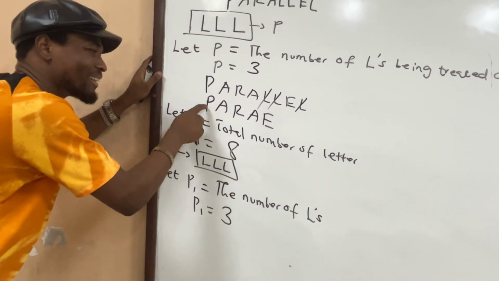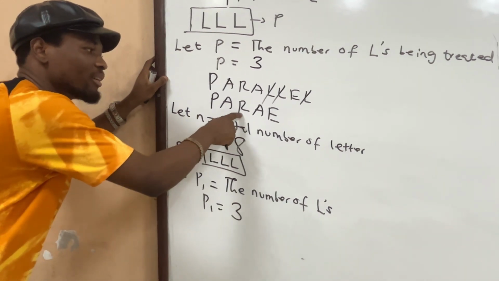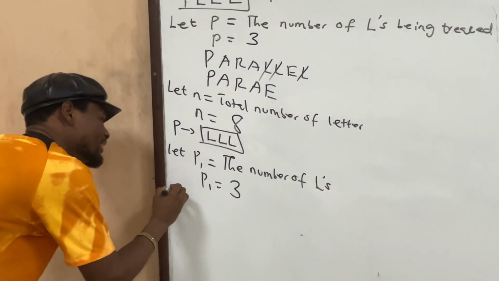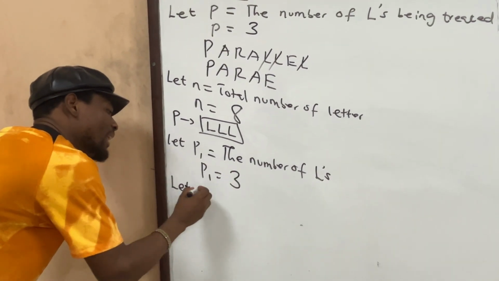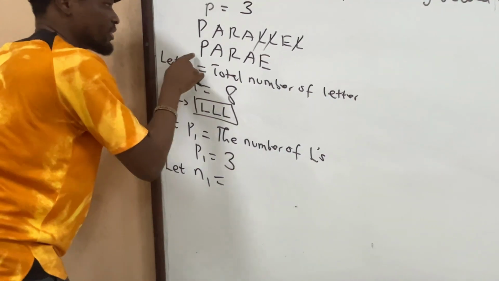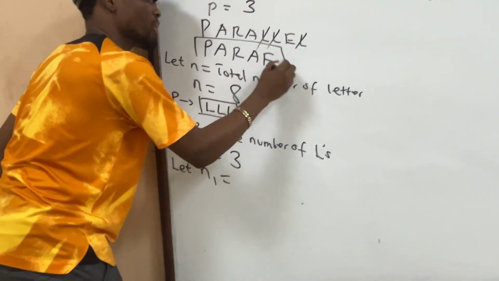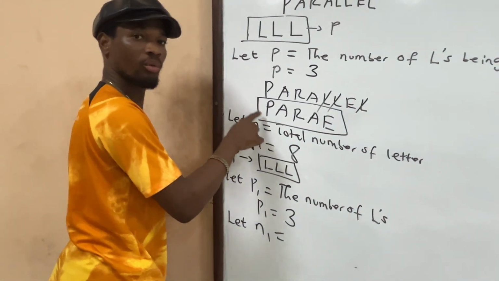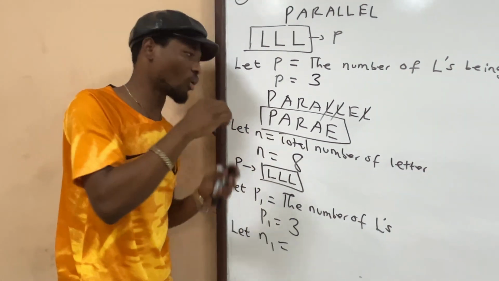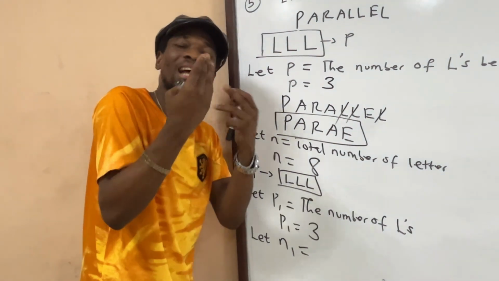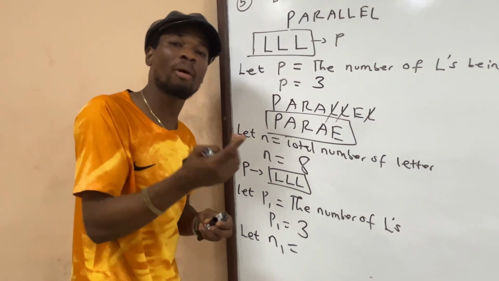Now let us tackle P, A, R, A, and E. Let N1 represent this. Here we have P. How many P's do you have there? We have only 1 P. But the ones appearing once, we don't consider them, because 1 times any number will give you that same number.